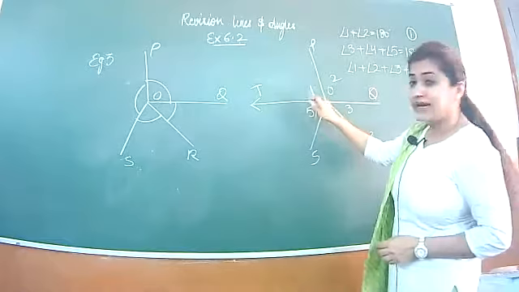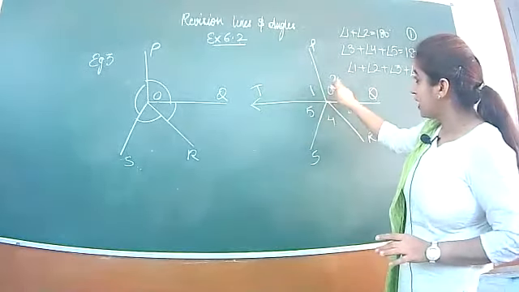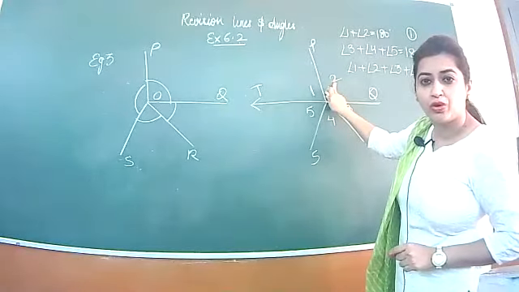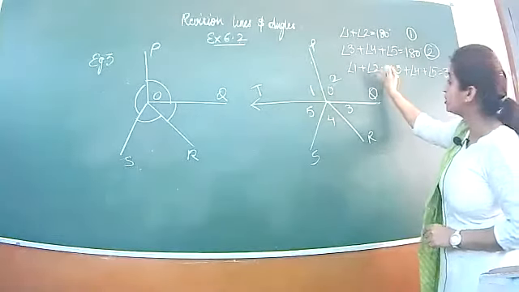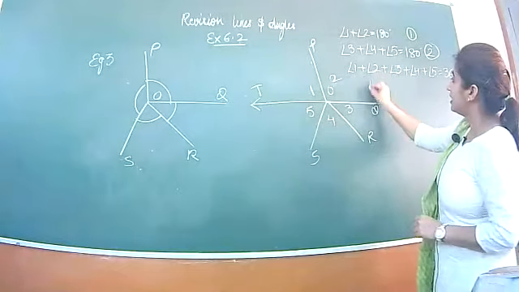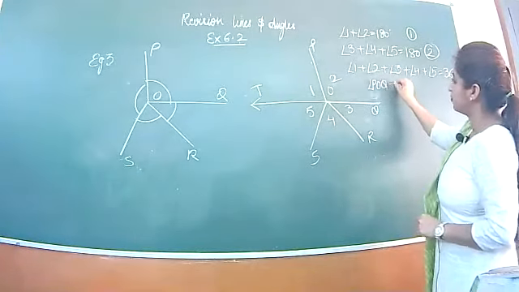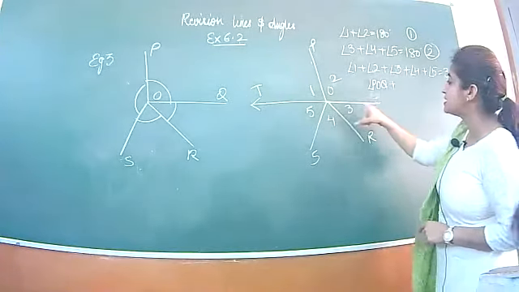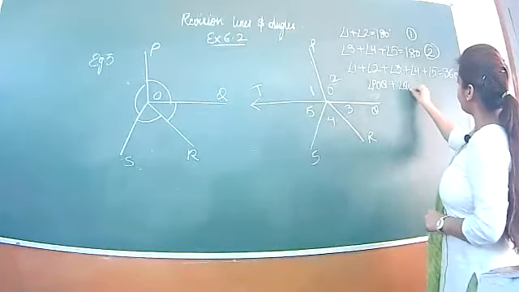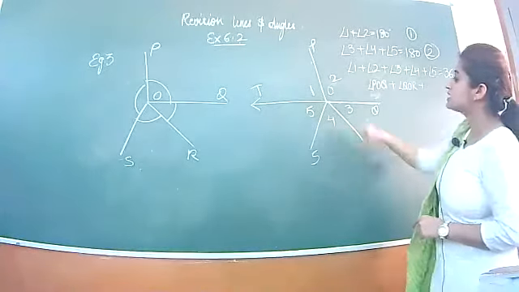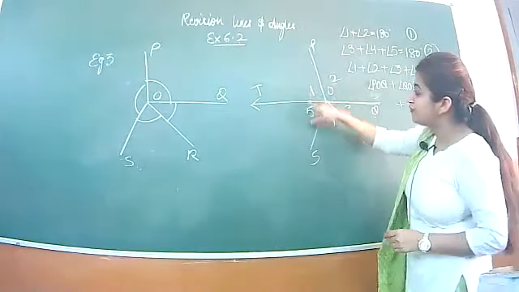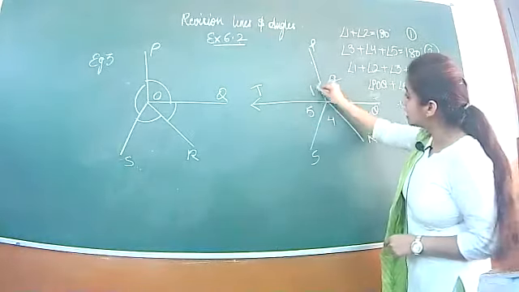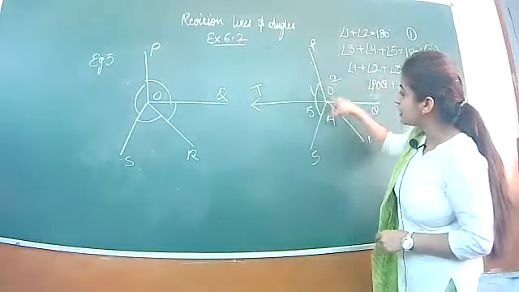Now, look here. What is the name of angle 2? The name of angle 2 is POQ. The name of angle 3 is QOR. Angle 4 is ROS. And angle 1 plus angle 5 will combine to give you POS.